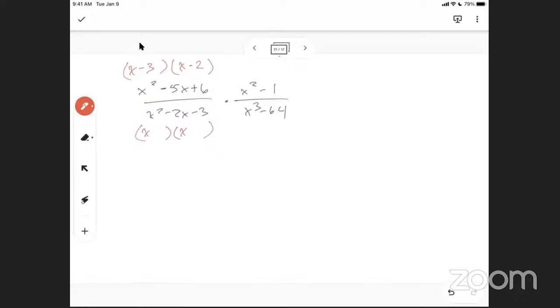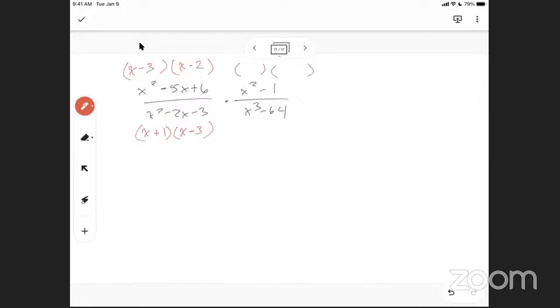One of them has to be negative and one positive. It's going to be x plus 1 and x minus 3, because this is a negative 2. Get it? Yeah.